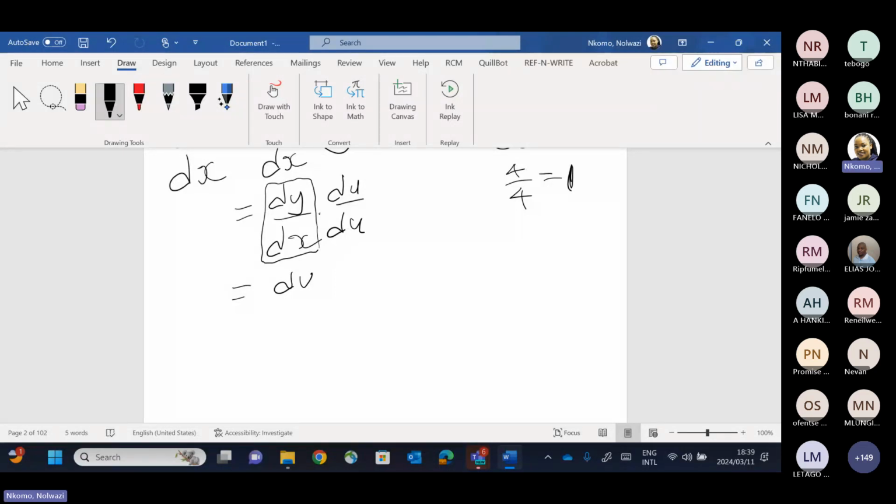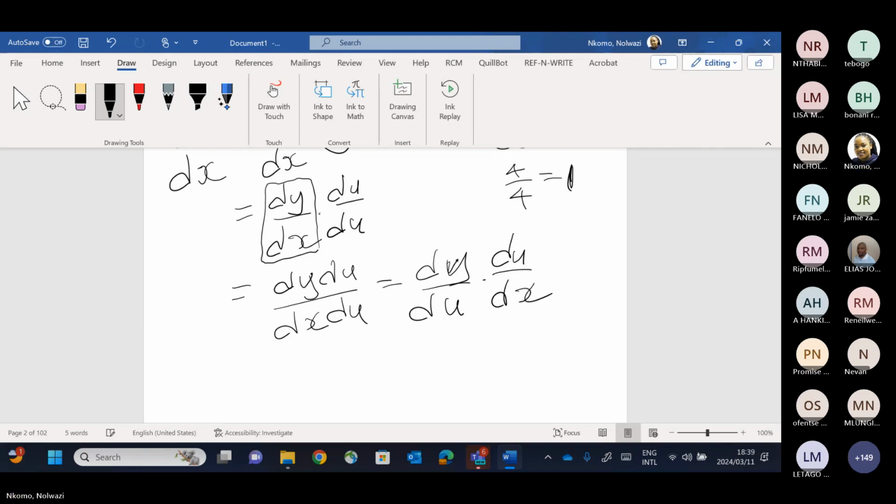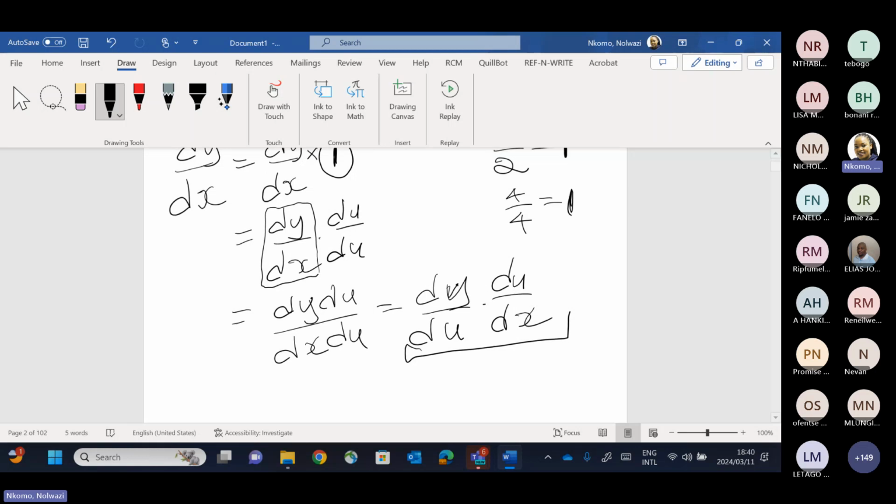Without going back there, we can write this as dy over du times du over dx. The reason I'm writing this term like this is because we said it's not easy for us to find dy over dx, so let's try and find this.